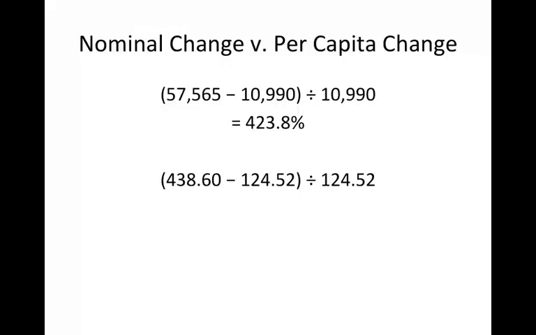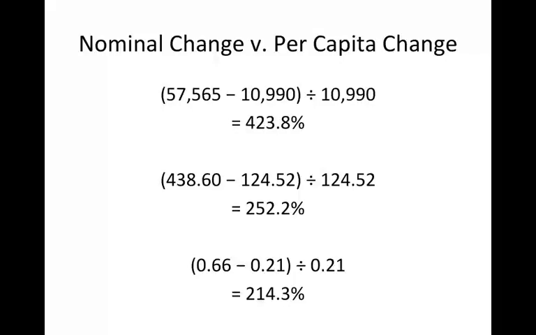Calculate that same percentage change again on the per capita amount, and it's still pretty big, 250%, 3.5 times larger than in the first year, but not quite as big as 423.8%. And then if you look at that other ratio compared to the taxable value of the property, you see that the growth is still large.